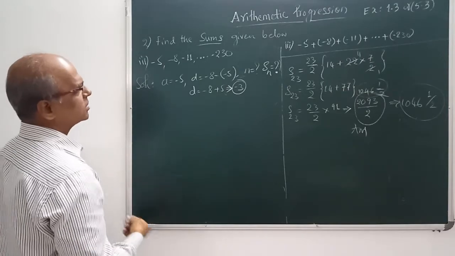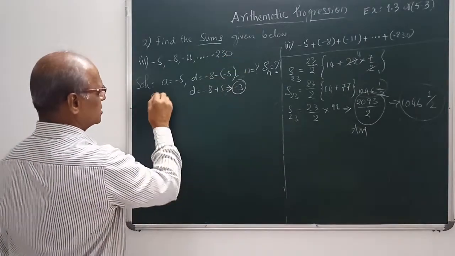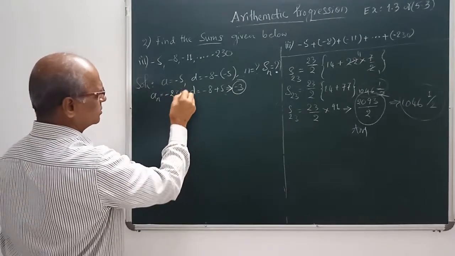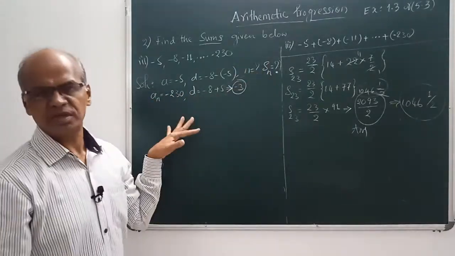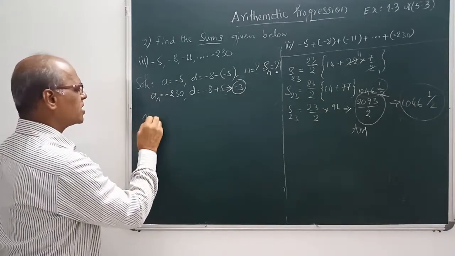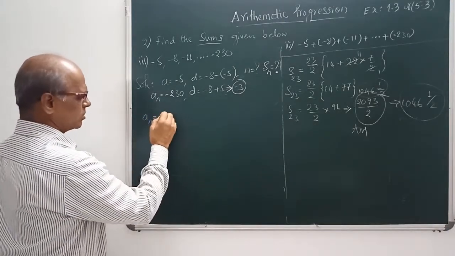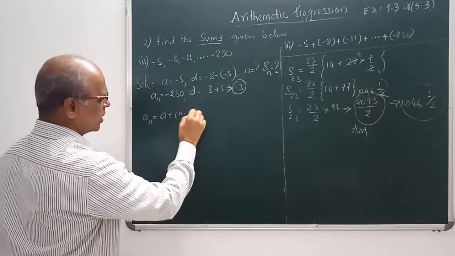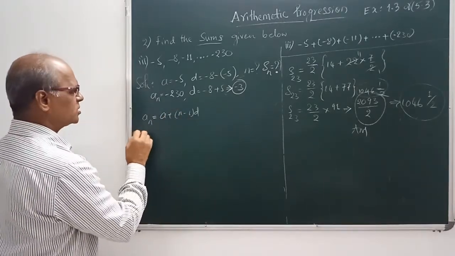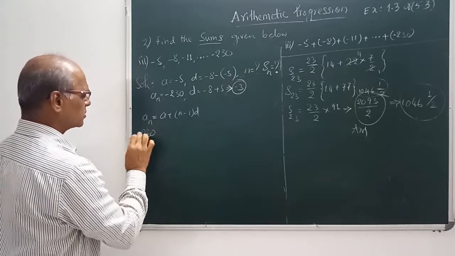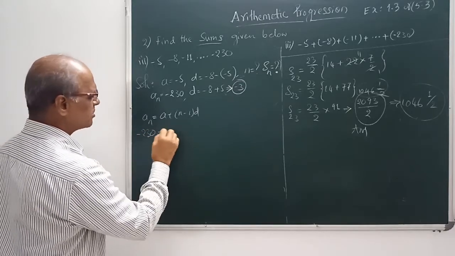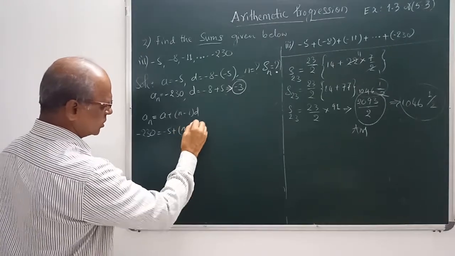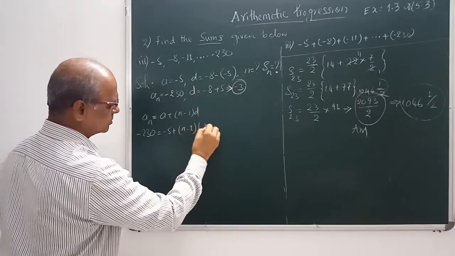To find N, in this case what is An? Here An is equal to minus 230. So these are the given things. An is equal to A plus n minus 1 D. An is minus 230, right? Is equal to A is minus 5 plus n, we don't know. D is minus 3.